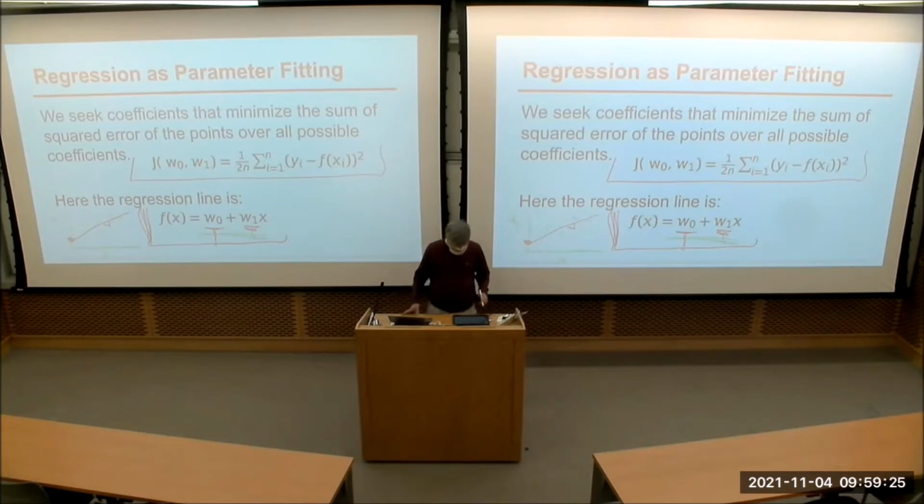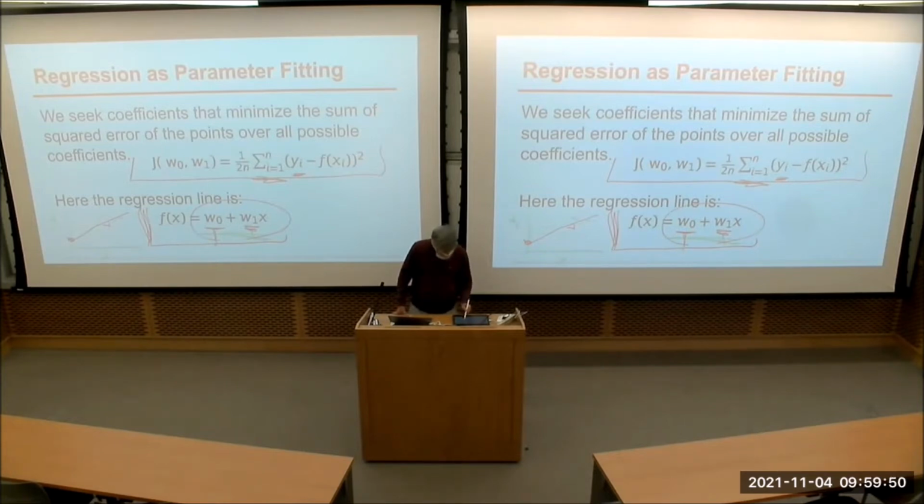Well, my claim is it's going to be the sum over all the example points of the difference between the y value of the point and the predicted value of y that we get by using our model, W0 plus W1 times x.